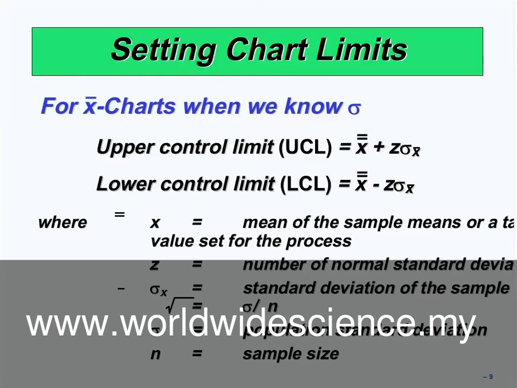Sigma and Z are given to the operation manager by the designer or engineer or the relevant person in the company. Sigma is the population standard deviation and n is the sample size. By use of these, we can check.